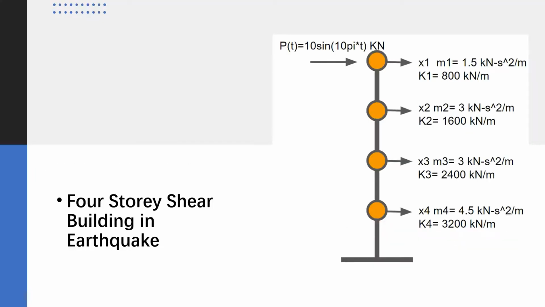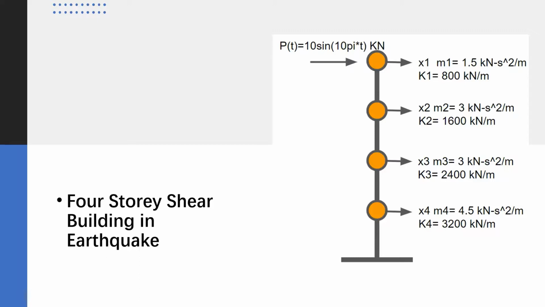As we can see from the slides, the four-story shear building is simplified into this system. In an earthquake, the force acting on the system is idealized as a single sinusoidal force on the roof floor. The natural frequency of the earthquake is assumed to be 10 pi radians per second.